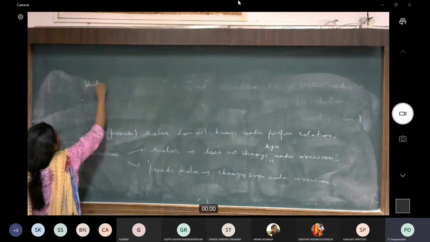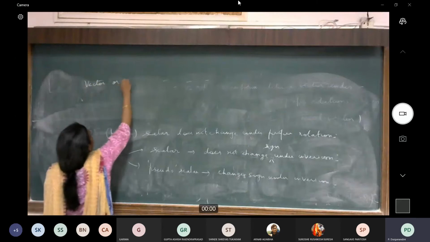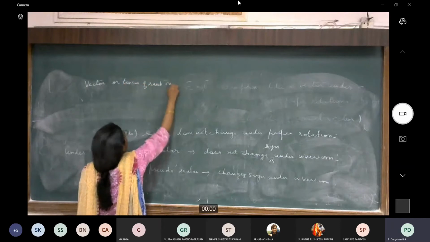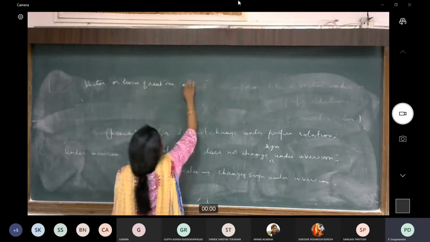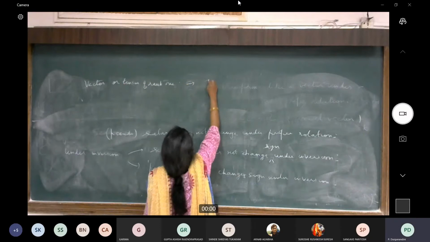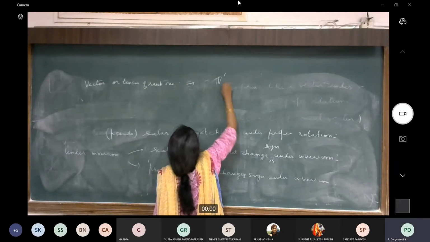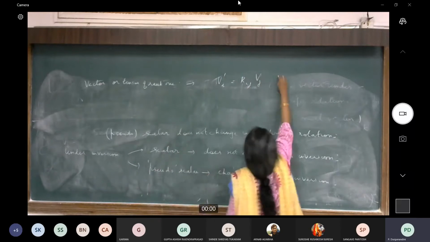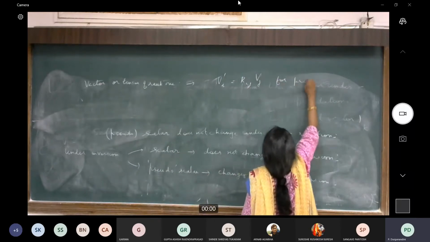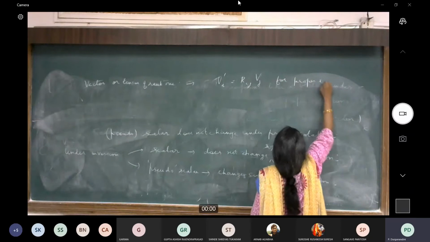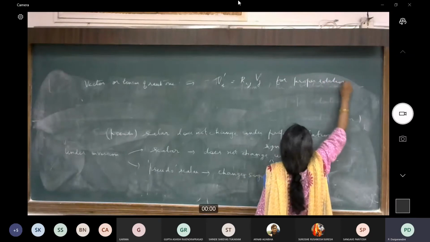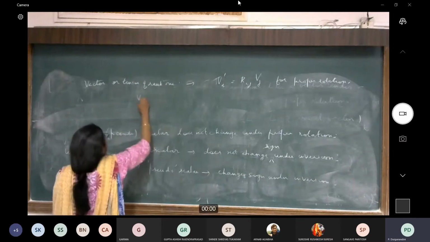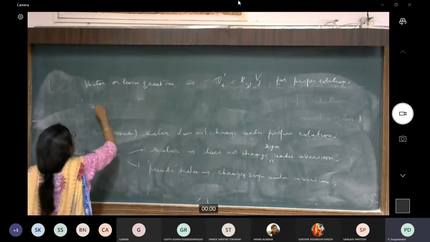So a vector, or a tensor of rank 1, will go like this: v prime i equals R ij v j for proper rotations, by definition.